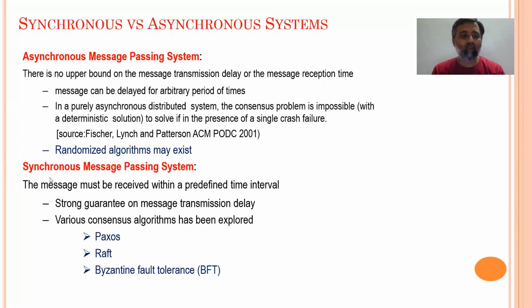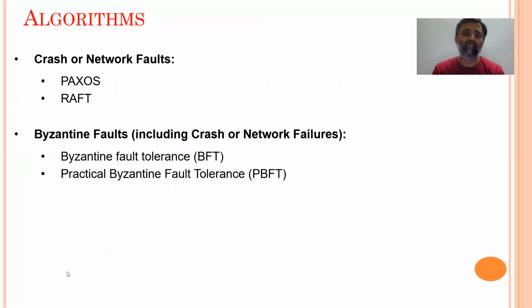In the synchronous message passing system, the message must be received within a predefined time interval, so it gives a strong guarantee on the message transmission delay. We have various consensus algorithms, and we will explore all these algorithms in coming lectures.